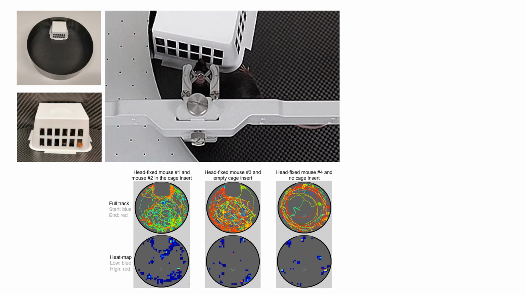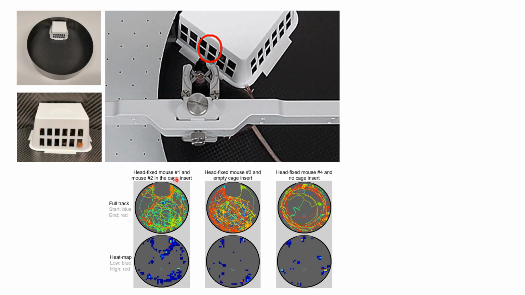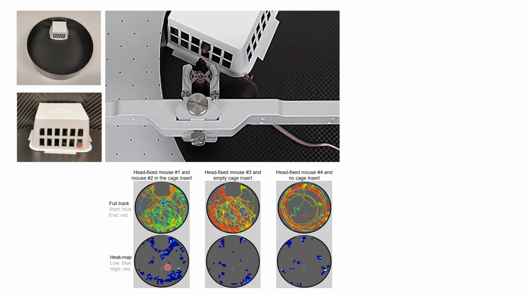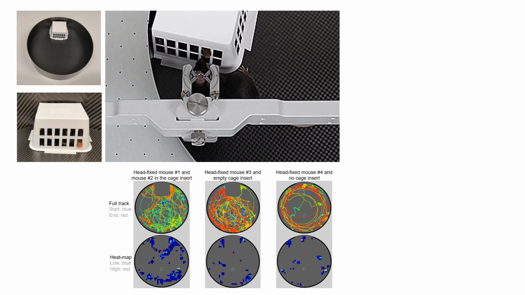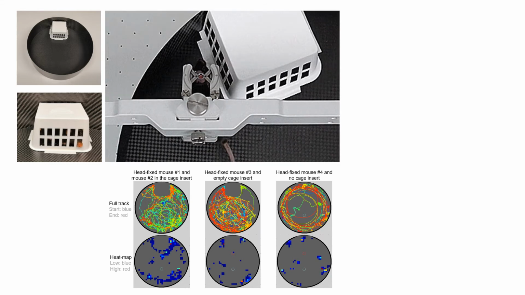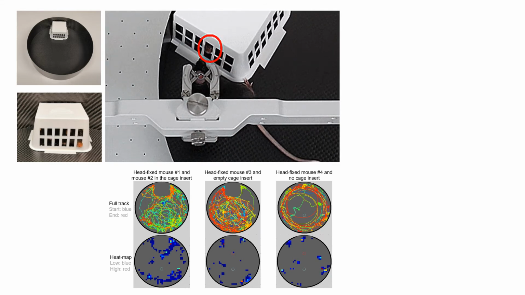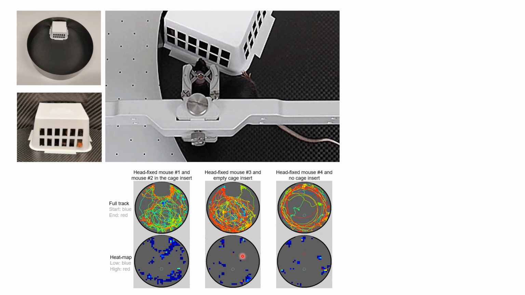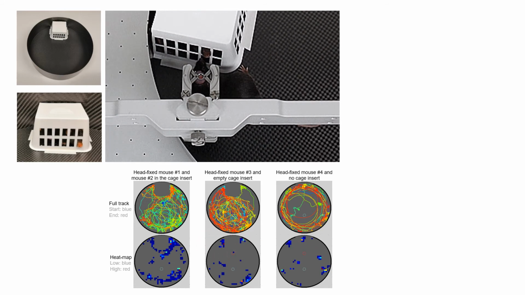And the panels below show that there is a significant difference in these heat maps between the mouse's behavior when there is another mouse entrapped in this enclosure and when there is an empty enclosure or no enclosure at all.